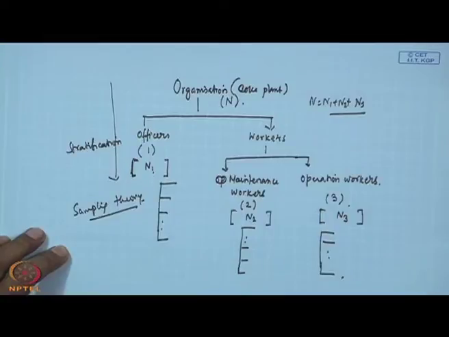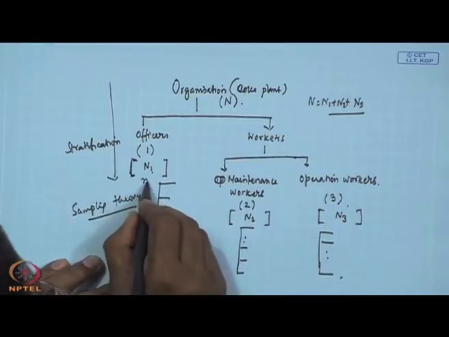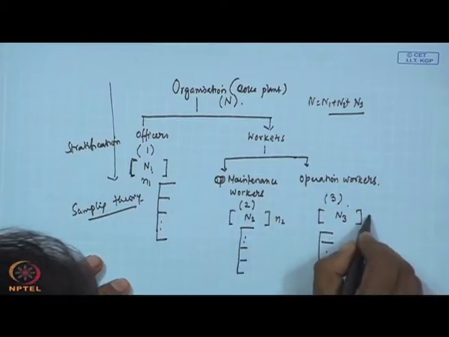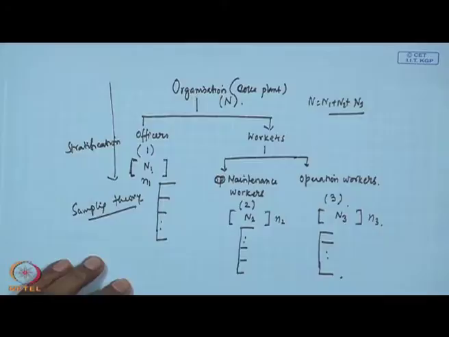So, how do you decide the sample size? What will be the N1 value, the N2 value and the N3 value? How do you decide? You have to use certain scientific methods. One of the methods I told you is frequency matching.